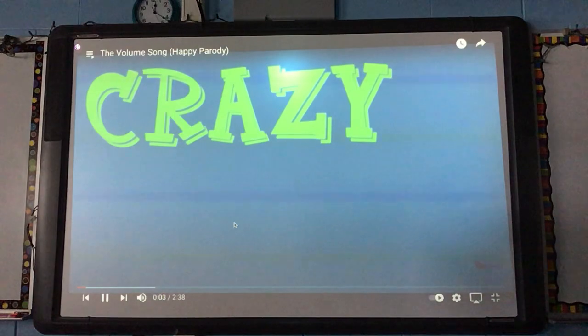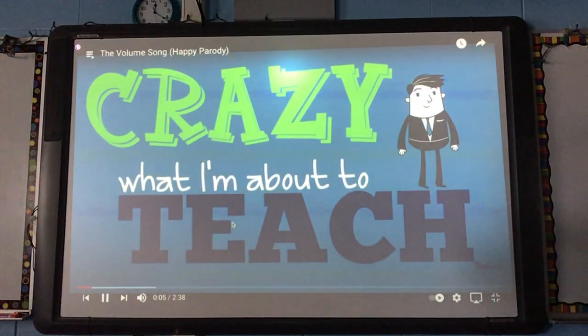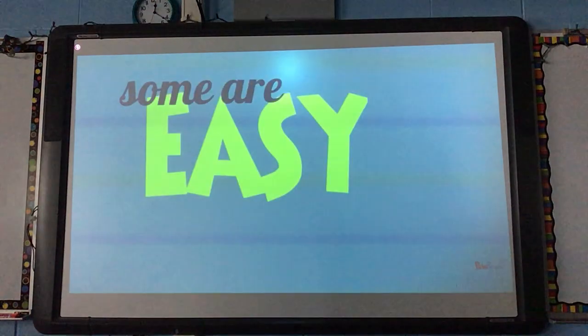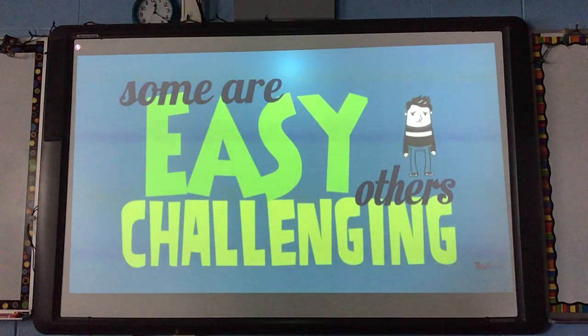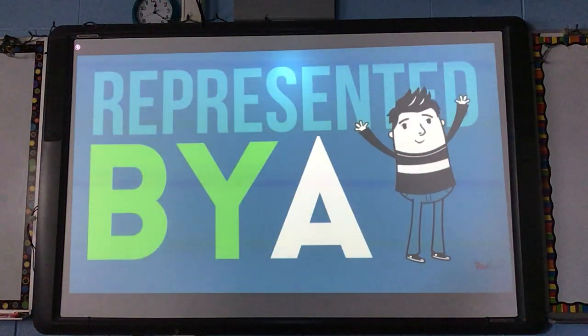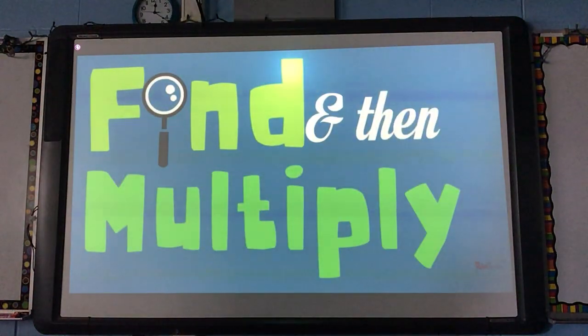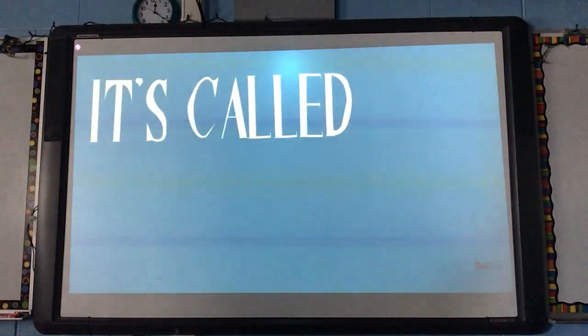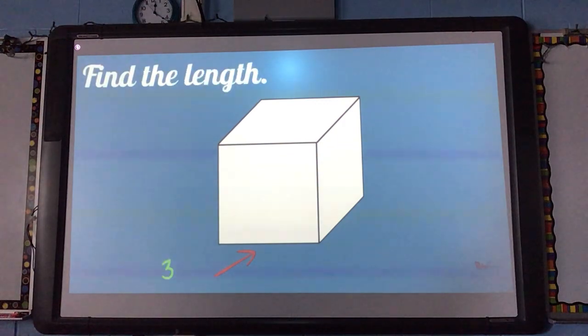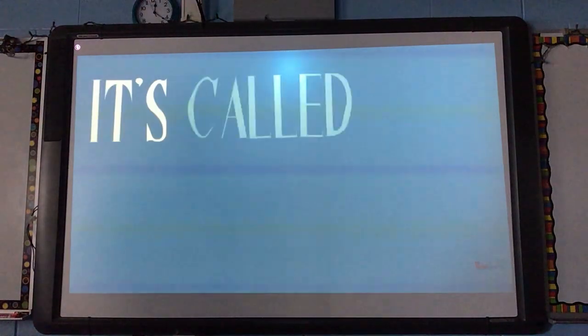It might sound crazy what I'm about to teach. Some are easy, others challenging. It's represented by a V. First you find, multiply, don't forget to add a 3. It's called the volume. Solving problem you must find the length of one side. It's called the volume.